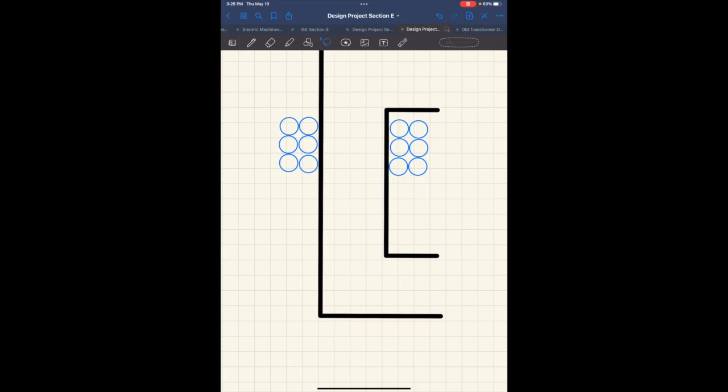So for the sake of time, I'll just tell you that it's best to do about 4 layers. Okay, 4 layers. Let's do it like this.